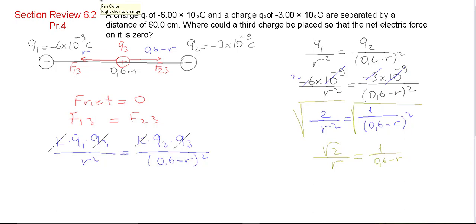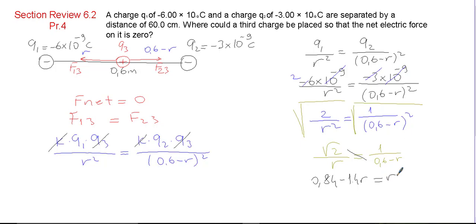square root 2 will be around 1.4. When I multiply it by 0.6, let's cross multiply that here. It will be 0.84 minus 1.4r is equal to r.